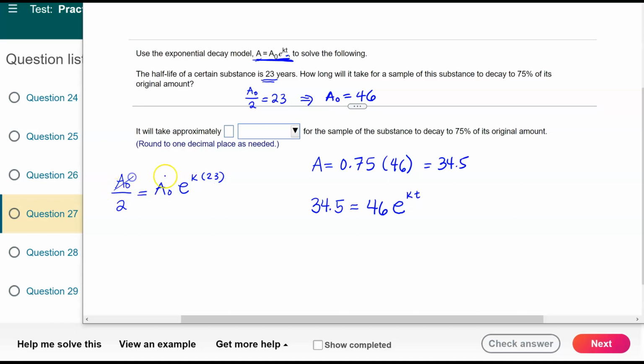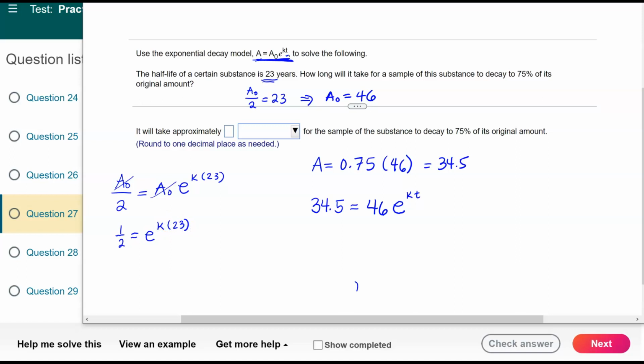So we can cancel this A sub 0 by multiplying both sides by 1 over A sub 0. So you have 1/2 is equal to e to the k times 23.